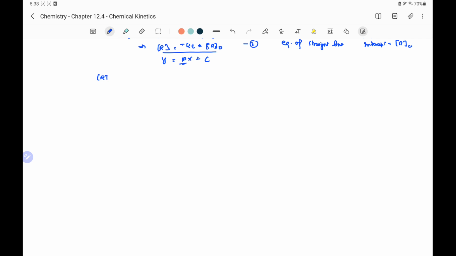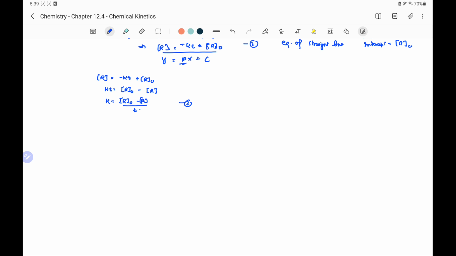Now using equation 2, we can find the rate constant. Equation 2 is concentration R equal to minus Kt plus initial concentration. So Kt is equal to R0 minus R, and K is equal to R0 minus R divided by t. This is our equation number 3.